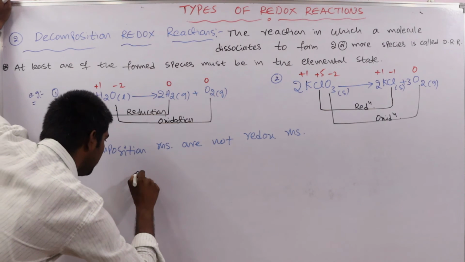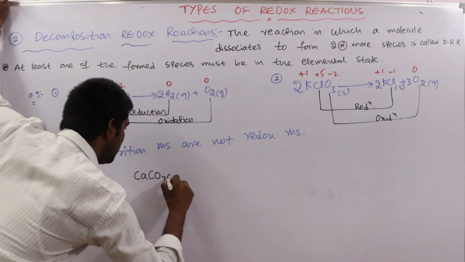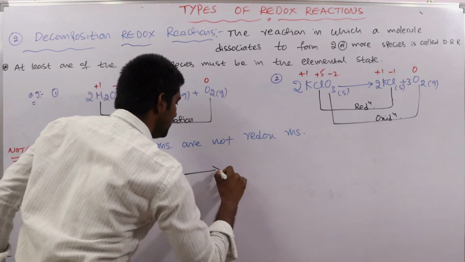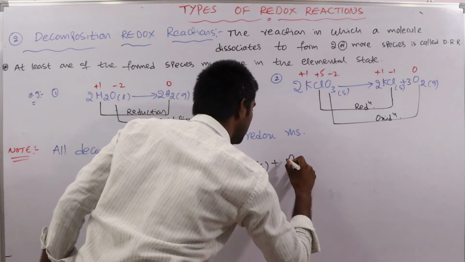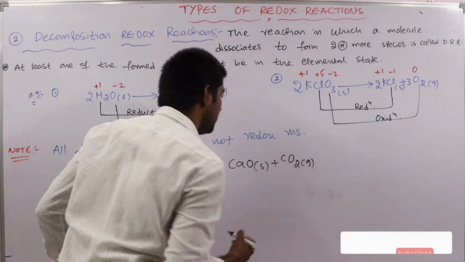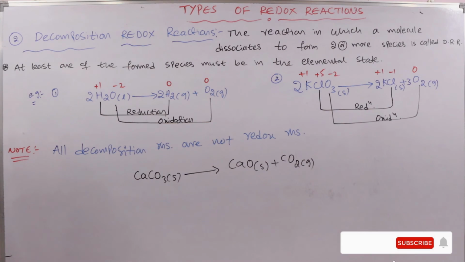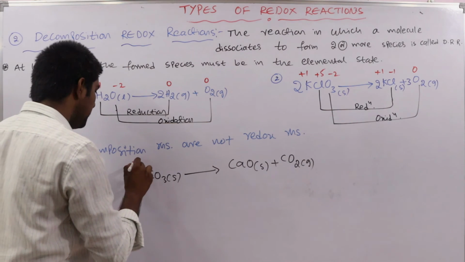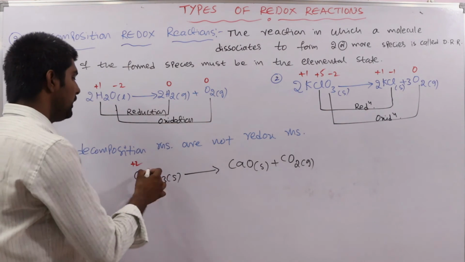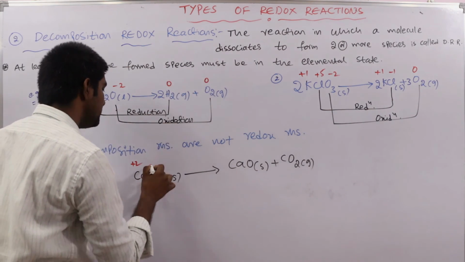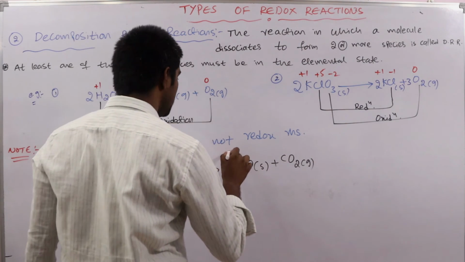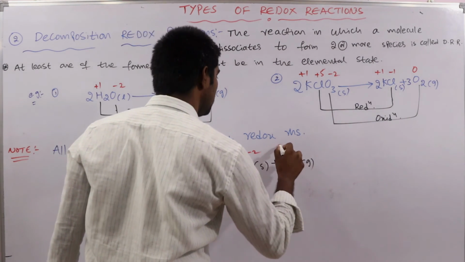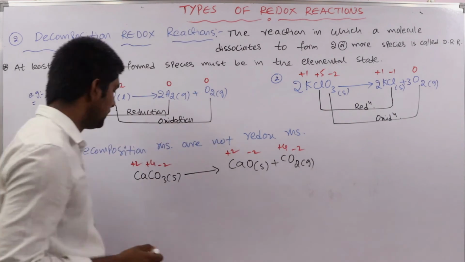Best example here is calcium carbonate, which dissociates to form calcium oxide plus CO2. See here, calcium is in the +2 oxidation state, carbon is +4, oxygen is -2. Here calcium +2, oxygen -2, carbon +4, oxygen -2.